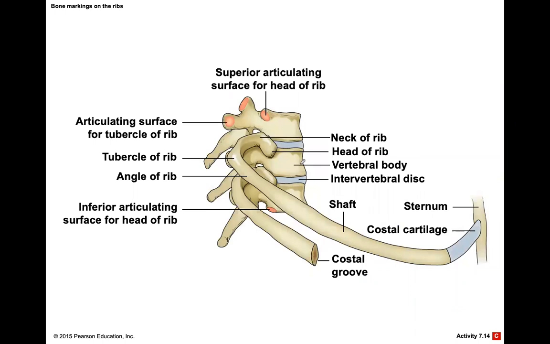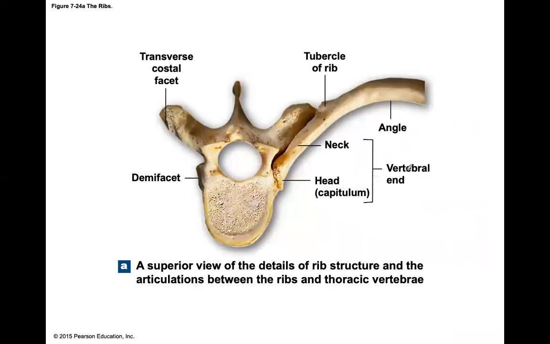When we look at the ribs, we showed you this earlier, we can see that in the thoracic region, we have these facets. And those facets are needed for the ribs to articulate with. Okay, you have the neck, we have the head, here's your intervertebral disc, the vertebral bodies, okay?